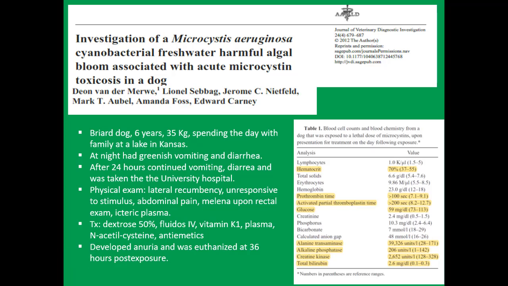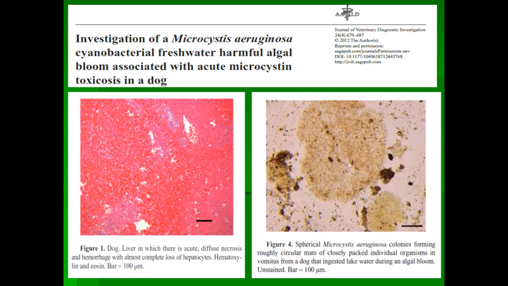I like this case to show what a CBC and chemistry panel will show with an acute liver failure. The packed cell volume was 70%, the clotting times were markedly elevated, glucose was lower than normal, and the liver enzymes were all through the roof, as well as bilirubin. When they necropsied the dog, the liver was swollen and contained huge amounts of blood.